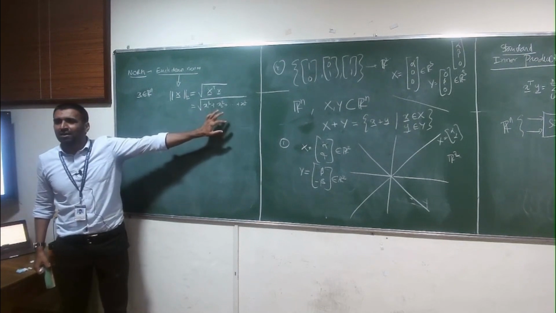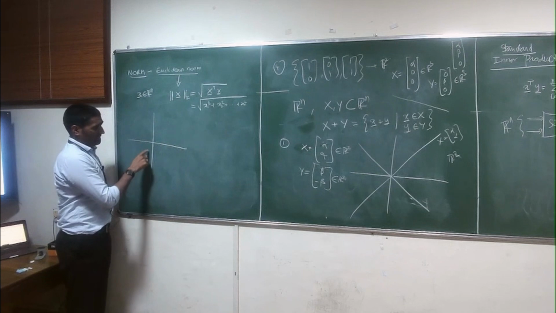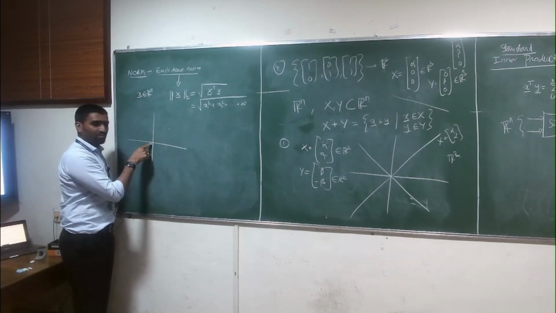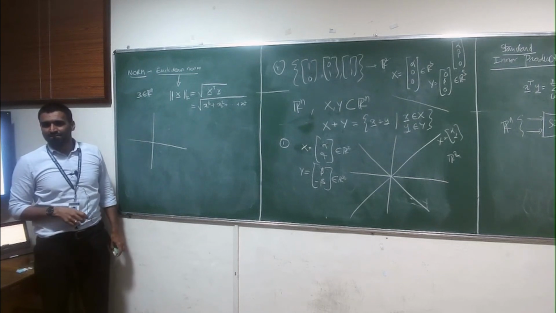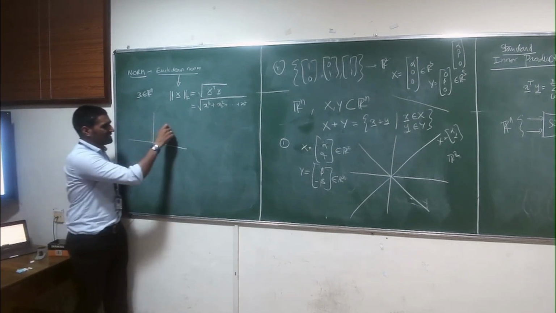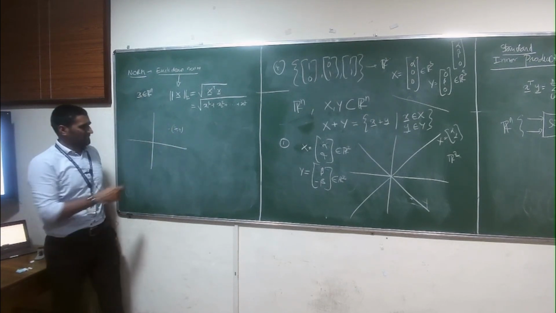This we are already familiar with. Right? In R2, if I have a point here, what is the distance of this point from the origin? How do you measure the length of the distance of the point from the origin? Let's say this has values x, y. Right.